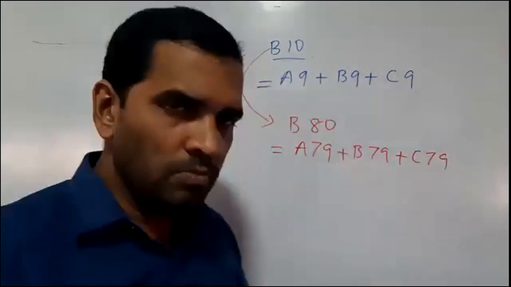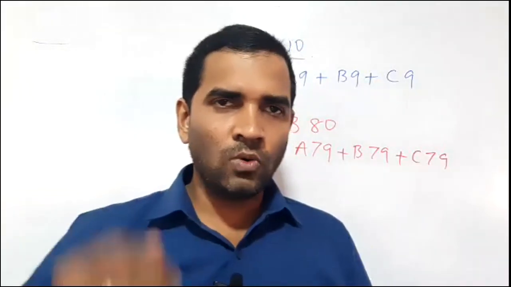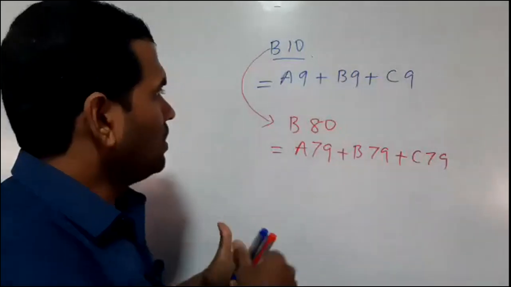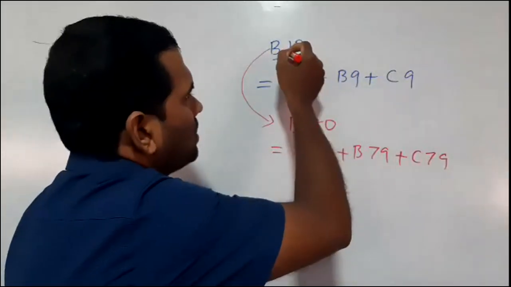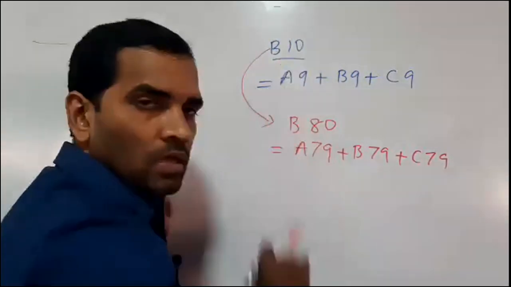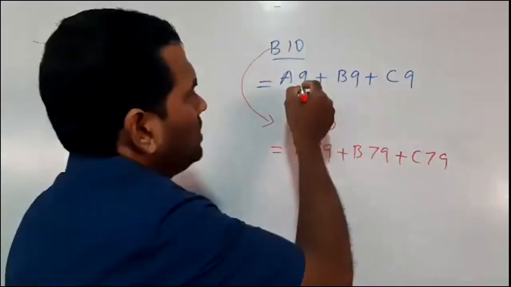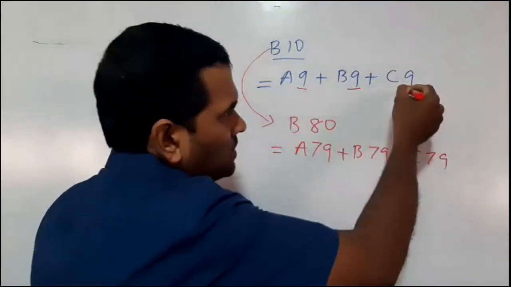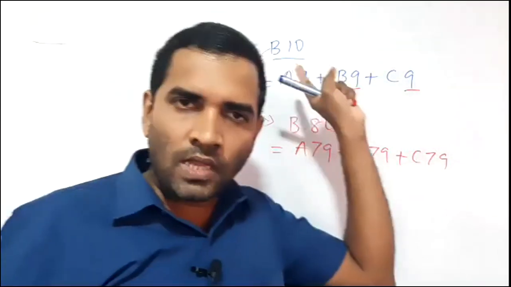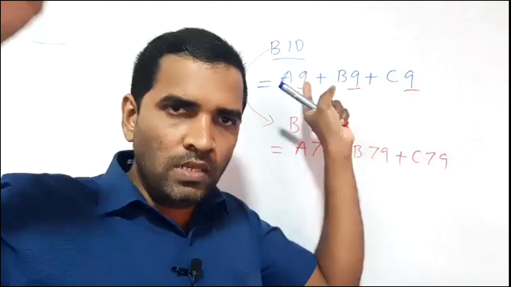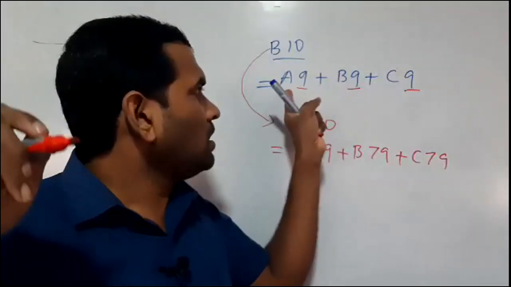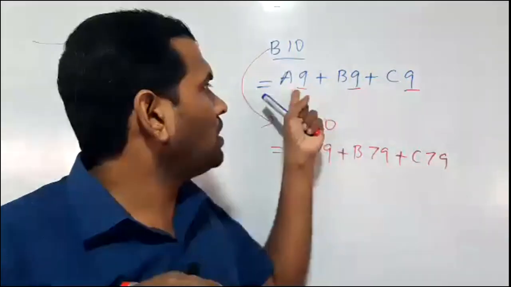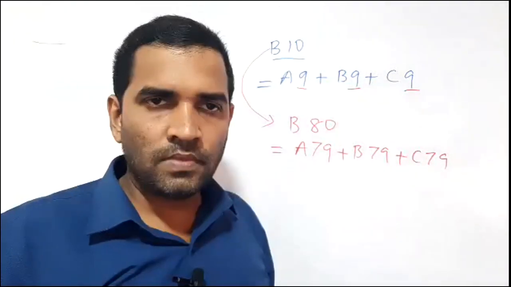But don't be confused and don't count one by one. It is not important, because when the formula is in B10, it is A9, it is B9, it is C9. So at the time when the formula was in B10, every cell address has a row number which is 9.